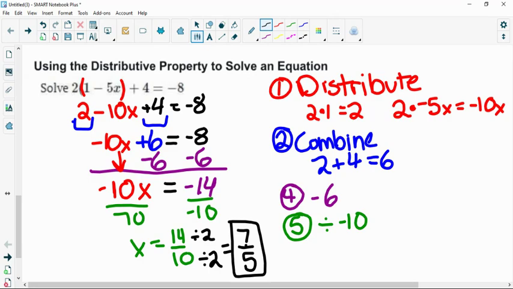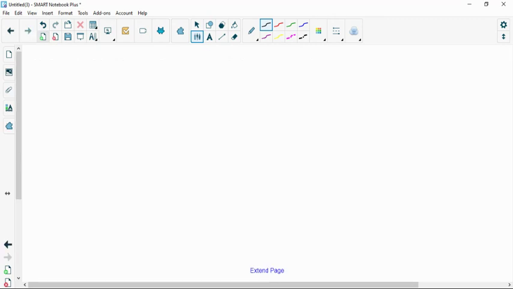Let's take a look at 2 of them for you to try on your own. First, solve 1/2 x minus 9 equals negative 25.